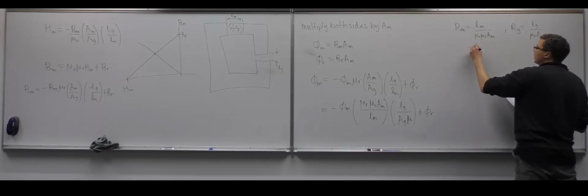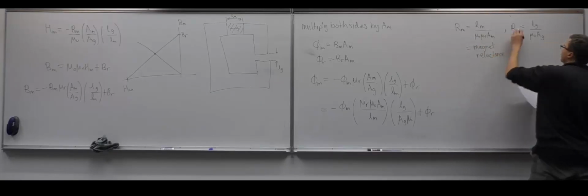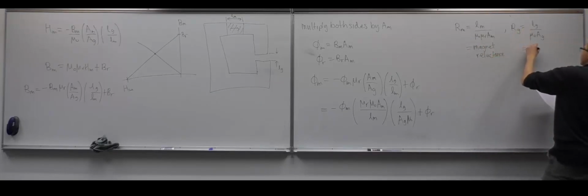So this is a new term, magnet reluctance, and we've seen this before. This is air gap reluctance.